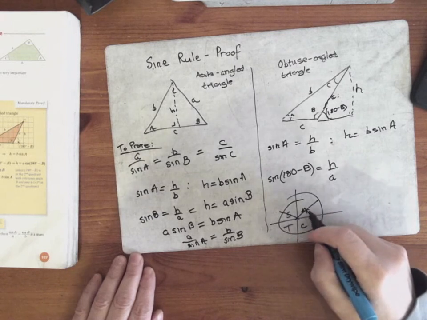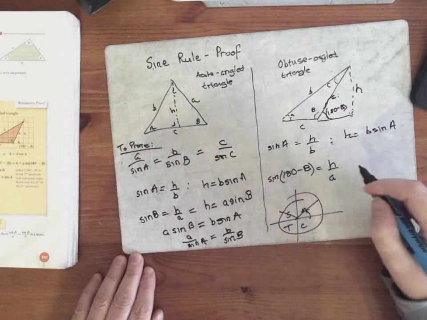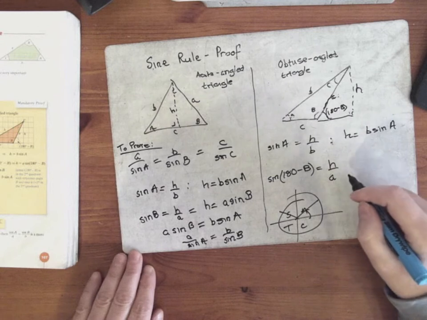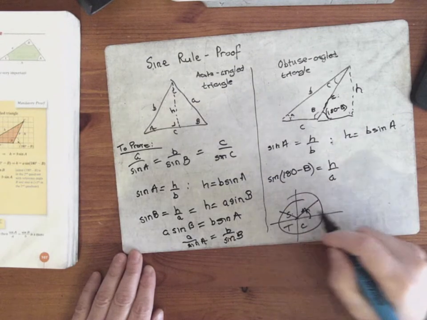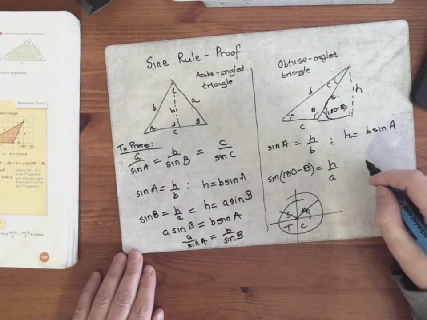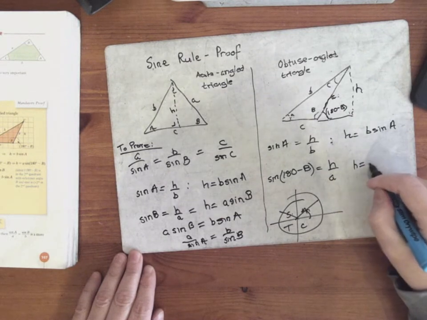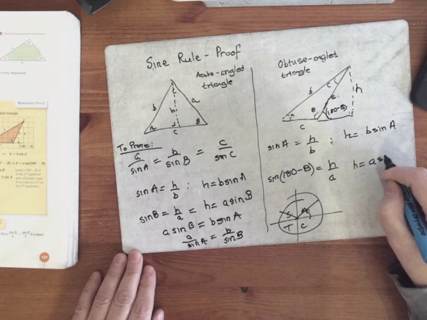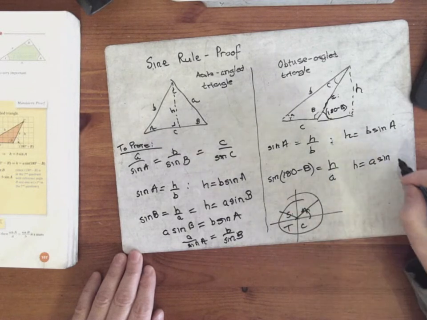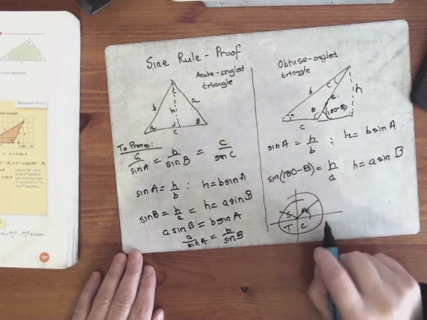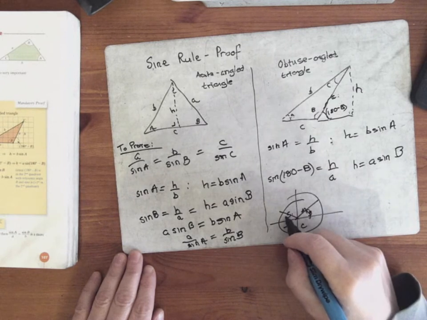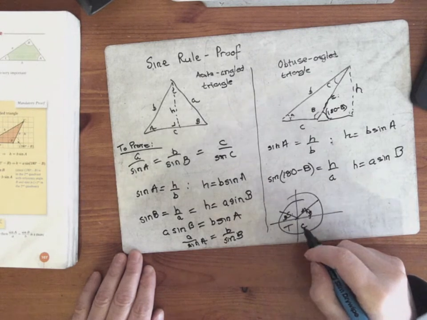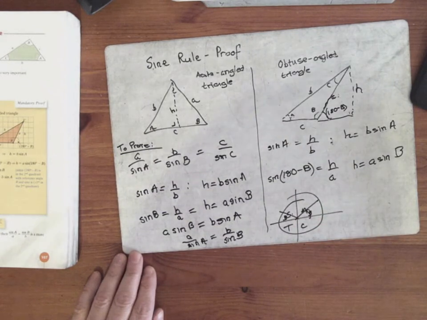So the sine of an angle and the sine of 180 minus the angle is the same, okay, it's the same sine because it's positive, positive, okay, so that means H is equal to A sine B. So instead of 180 minus B, I can just write B because I get the same answer, because if B is in here, 180 minus B is in here, and it's also positive because sine is positive in there also.